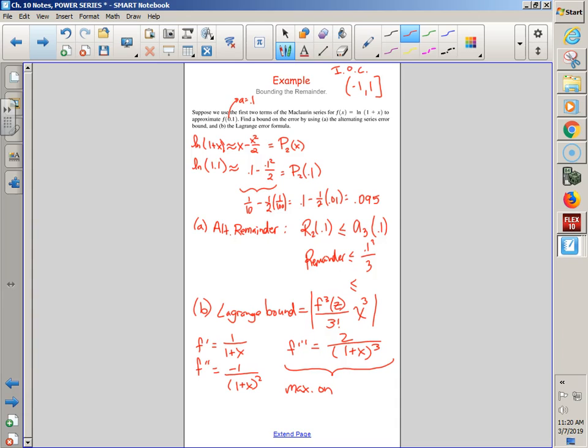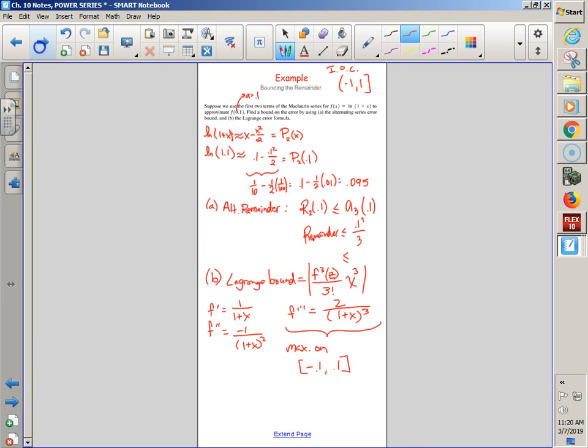Hold on. We did that whole interval thing a second ago. We're going from c, which is 0, plus a and minus a, which means negative 0.1 to positive 0.1. Well, it's not too bad because your u prime is 1. If your u prime was like an x and we had quotient rule, that would be disgusting.